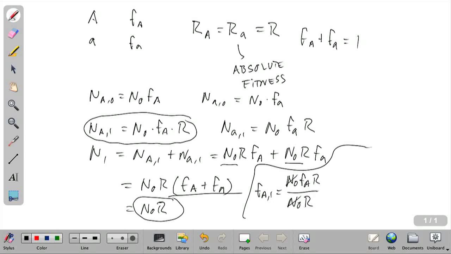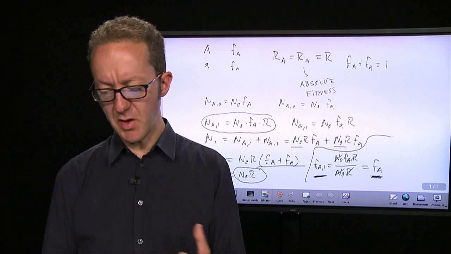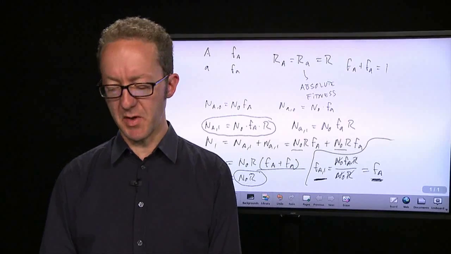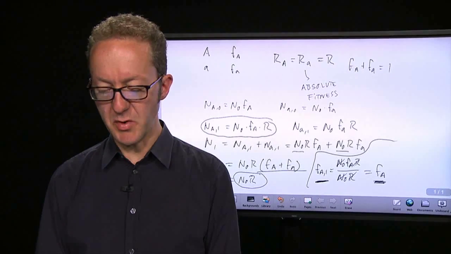You can see that these terms cancel out, and the not so rocket sciencey conclusion in this case is that the frequency of uppercase A after one generation is the same as the frequency of uppercase A when we started the population growth.